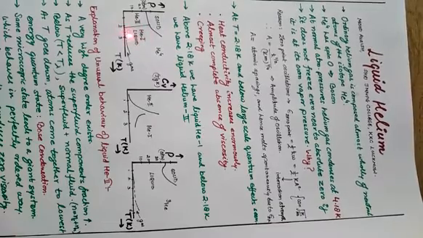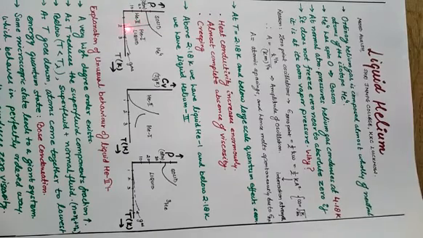Above 2.18 Kelvin, this liquid helium is a classical fluid. All the properties shown by this portion of liquid helium, also called liquid helium 1, can be well explained on the basis of classical theories. But below 2.18 Kelvin, the liquid helium shows very peculiar properties, and these can only be explained by quantum mechanics.